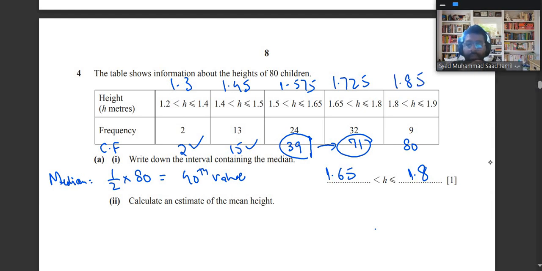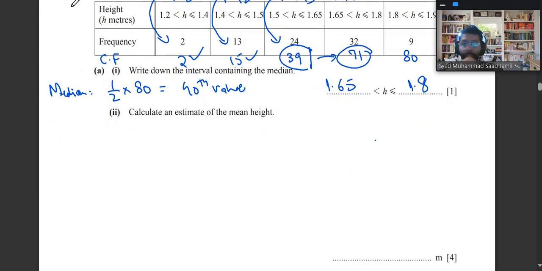Now you will multiply the mid values with the frequencies.